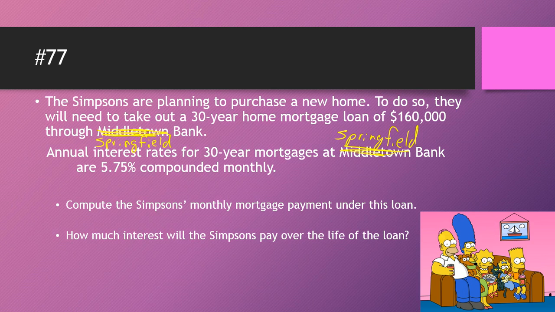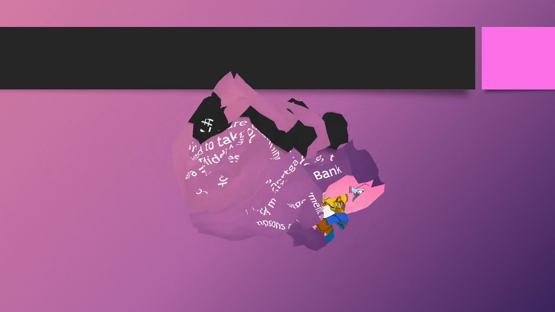All right. So I'm going to take this and crinkle it up and throw it onto the next clean slate, and we're going to be using our installment loan formula. When we plug everything in, we're going to have 160,000 is equal to the monthly payment times 1 over the percentage, which would be 1.00479.